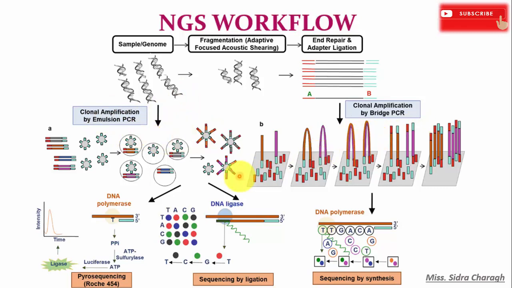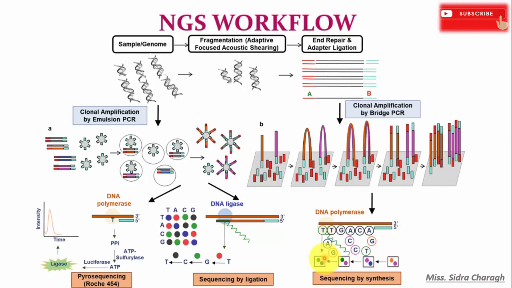After performing clonal amplification, the next step is sequencing. Here we use three different ways to sequence our desired target genome: pyrosequencing, sequencing by ligation, and sequencing by synthesis. Each sequencing machine provides raw data at the end of the sequencing run, and this raw data is a collection of DNA sequences that were generated at each cluster.